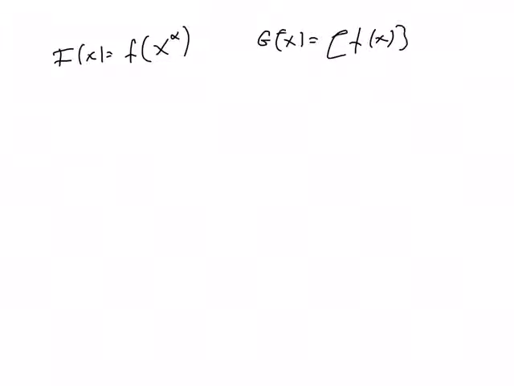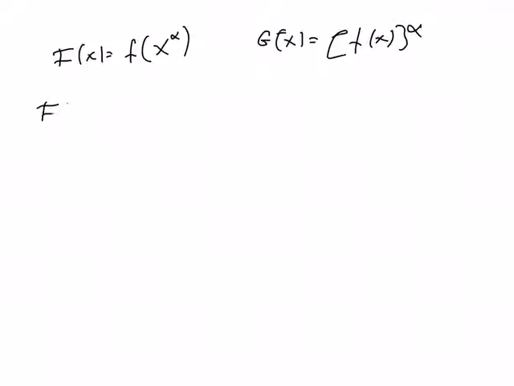So the problem I'm going to do is problem 68. It says suppose f is differentiable in R, and alpha is a real number, and let F of x be equal to f of x to the alpha, and G of x is equal to f of x to the alpha.